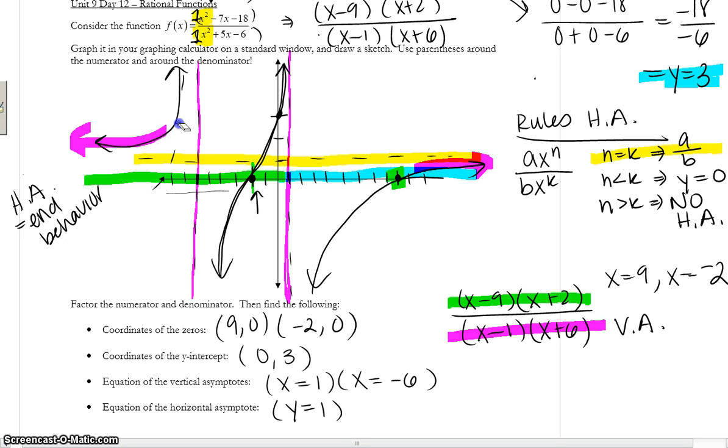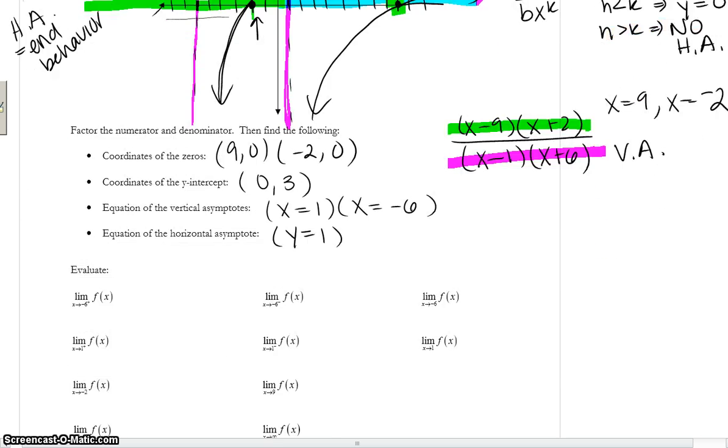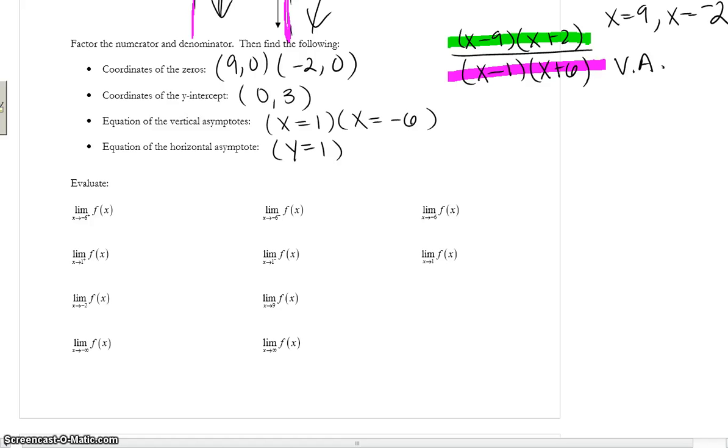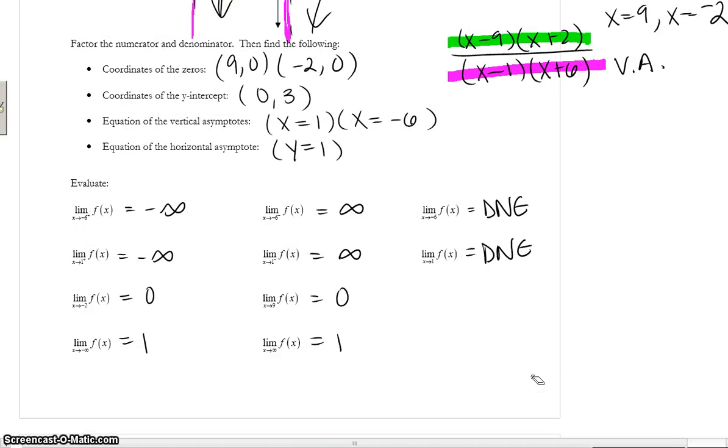We want it to approach 1. So our graph is going to look like this. Okay, so take a minute here, pause the video, and try to find the limits based on the graph we just drew. Okay, so this is what you should have gotten for your limits. Take a second here, pause the video, make sure you have all the right answers.